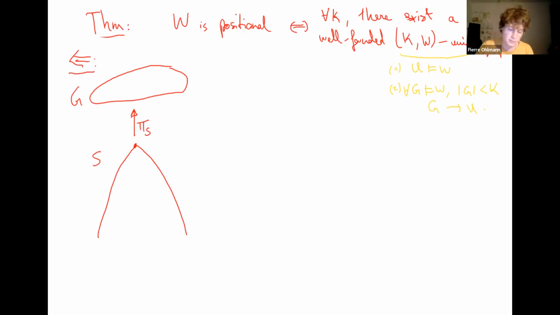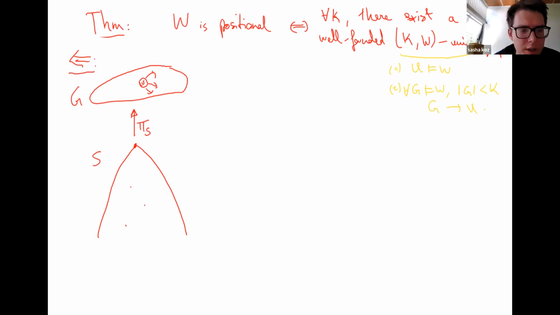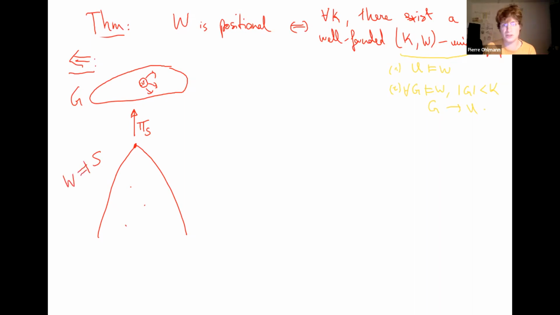This strategy is not positional in the sense that maybe here's a vertex V, it has several outgoing edges, and maybe in different occurrences in the strategy we make different choices, and I want to show that I can also have a strategy that always makes the same choice. Okay. And in pi S, also all paths belong to W, right? Yes, it satisfies the objective. It's a winning strategy.